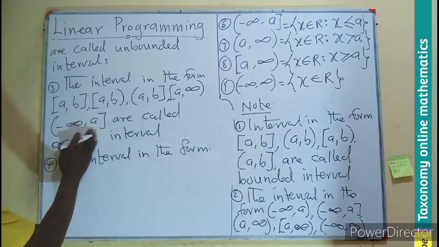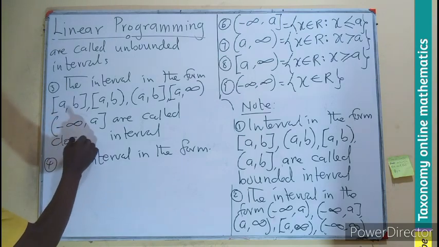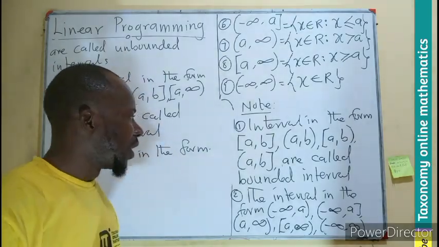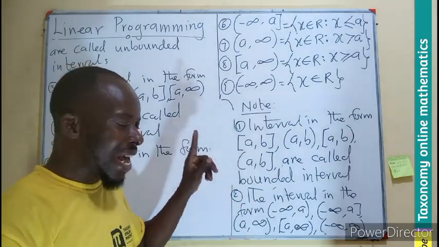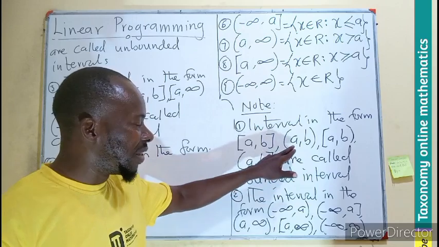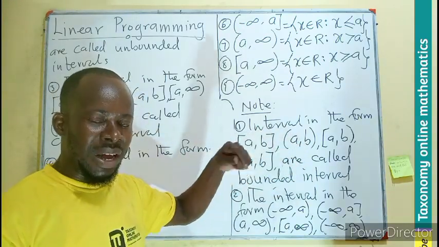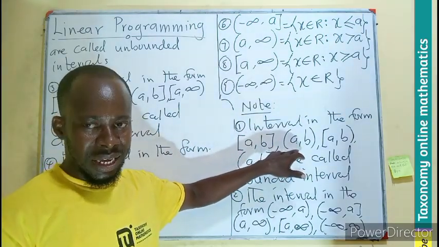The one that we mentioned first is closed. So this is a closed interval. Then the remaining ones are going to be open. Open in such a way that the endpoints are not part of the interval. So you can see this and this. The endpoints are not part of the interval. So this is going to be open.